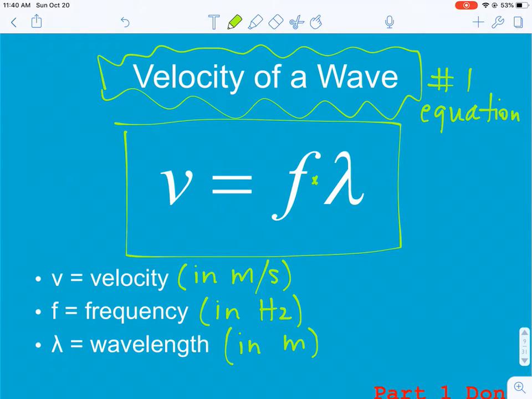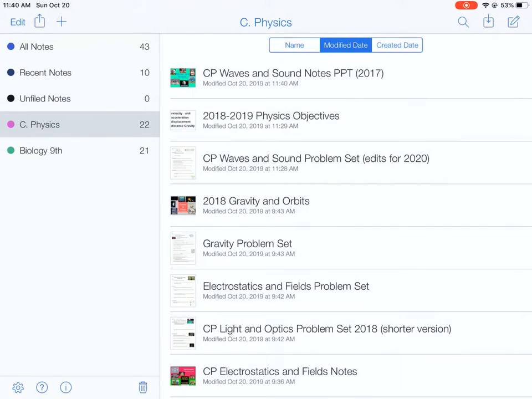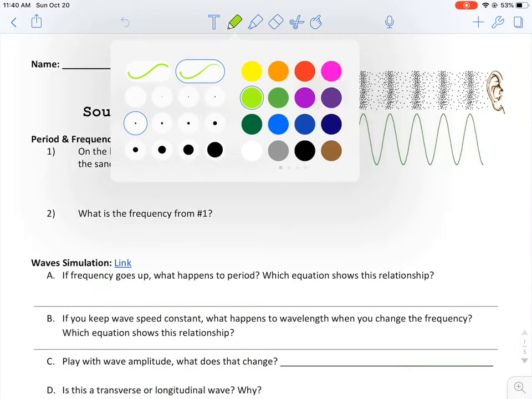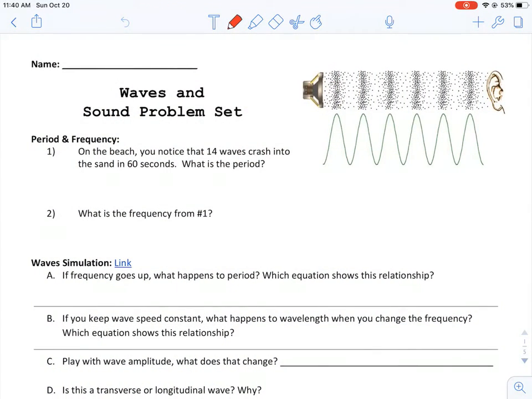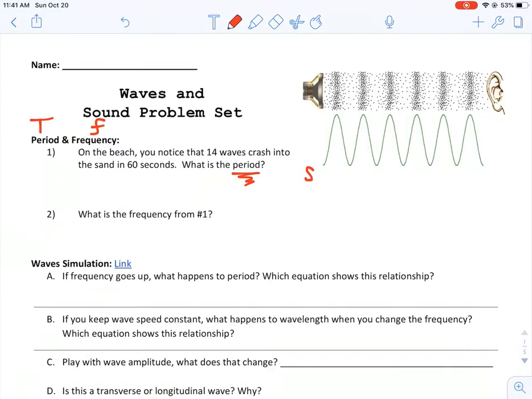So let's just look at a couple quick problems in the problem set. Number 1 and 2 in your problem set are only looking at period. Remember big T and frequency little f. So it says on the beach, you notice that 14 waves crash into the sand in 60 seconds. What is the period? We can think about this 2 ways, but remember period is seconds for 1 oscillation.